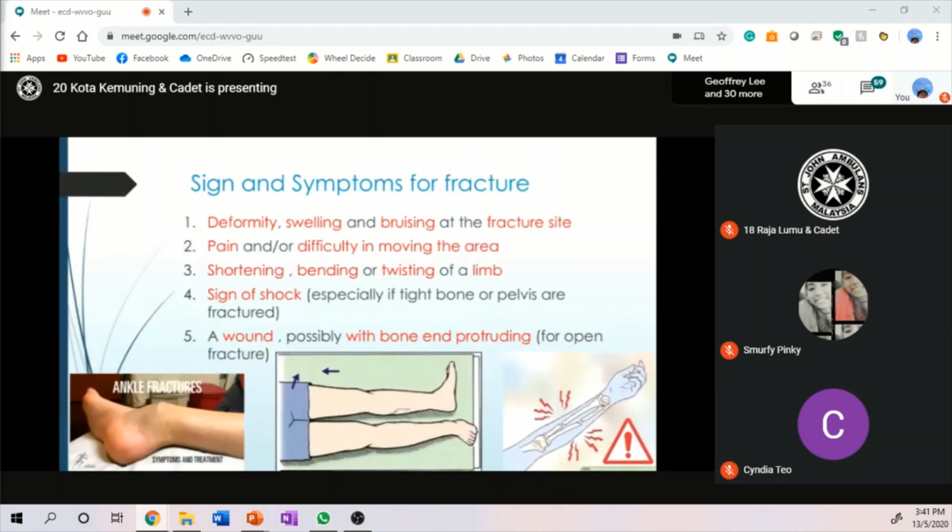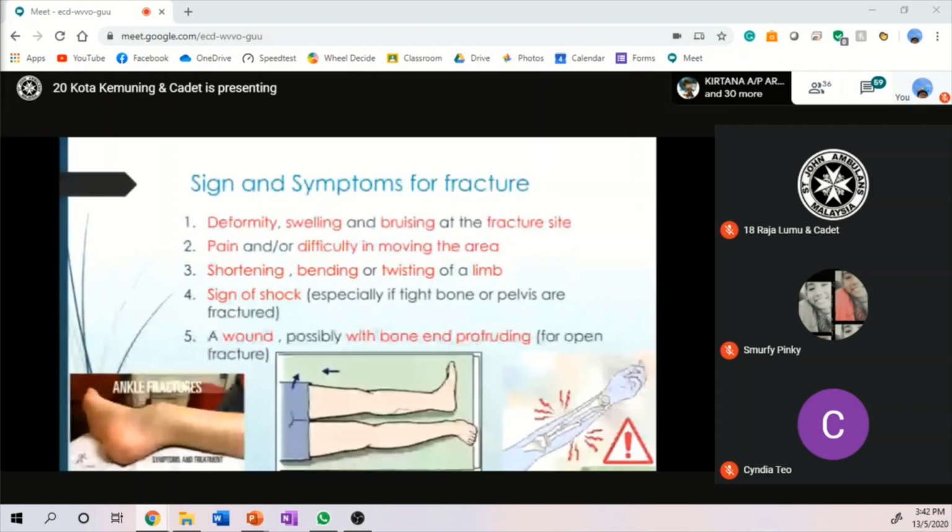Next, signs and symptoms of fracture. First, there will be deformity, swelling, and bruising at the fracture site. Deformity is the shape of the fracture part; the fracture site is already abnormal, meaning the shape is not normal.